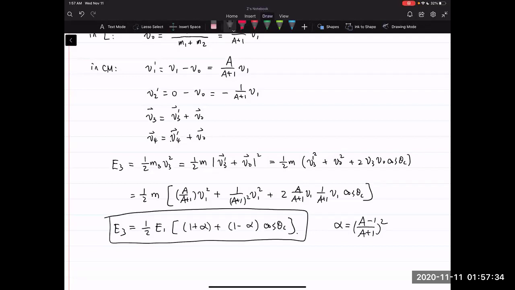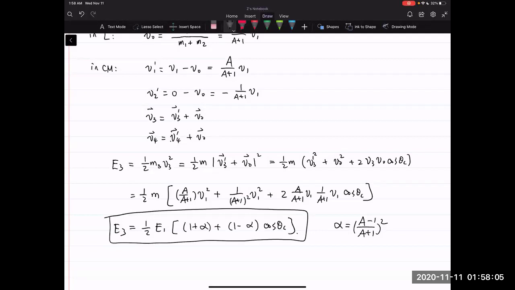And theta c has a distribution because the scattering itself is quantum mechanical. When you send a neutron towards a target, you don't know where the neutron may end up. It has nothing to do with whether you're aiming at the target accurately or not. In classical physics, the scattering direction depends on whether you're aiming your target correctly.